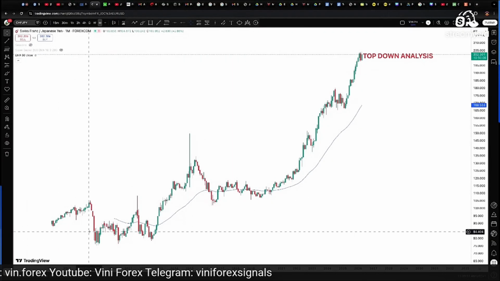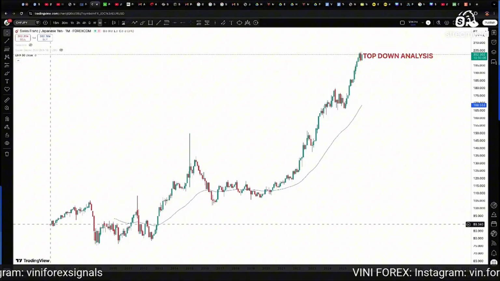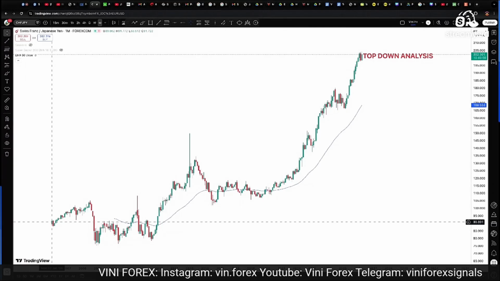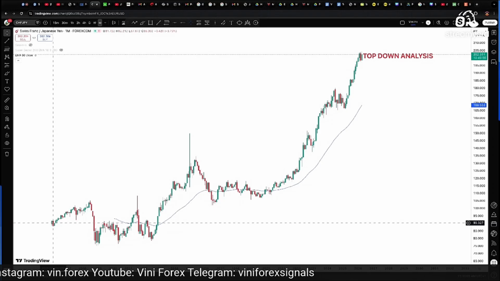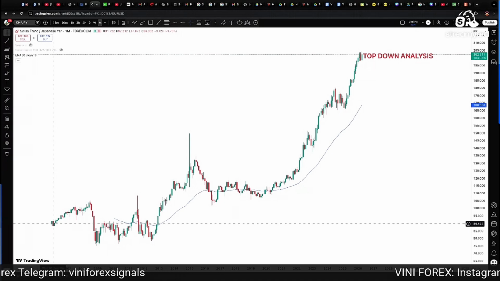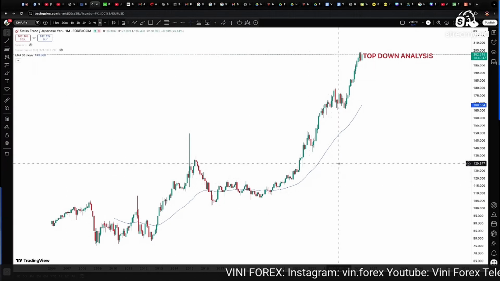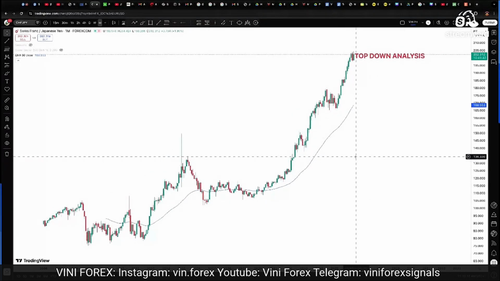It has been buying, a serious uptrend since 2006. This candle is Monday, 2nd of January 2006. The next candle is Wednesday, 1st of February 2006.